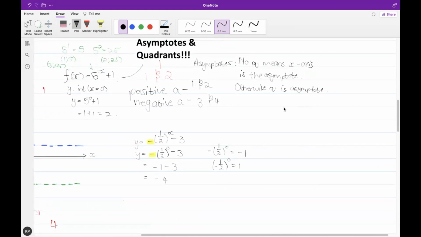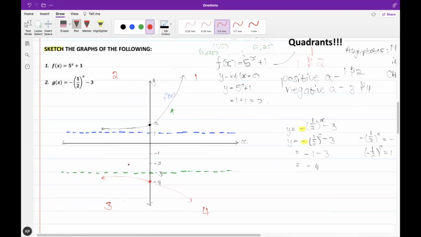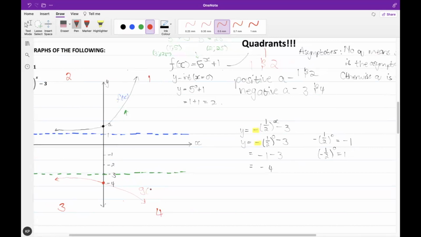And if they say draw A, it has to be in scale, and B, you have to go and say X is 1, X is 0, X is -1, and then find points for each of those and plot them and correctly draw that graph. Okay. So with a sketch, as long as you know your asymptote, you know your intercept, you know your shape, then you can sketch the graph. Once again, this is g of x.